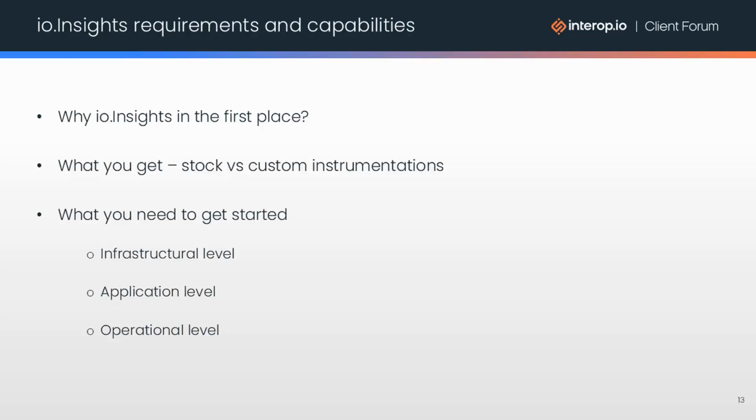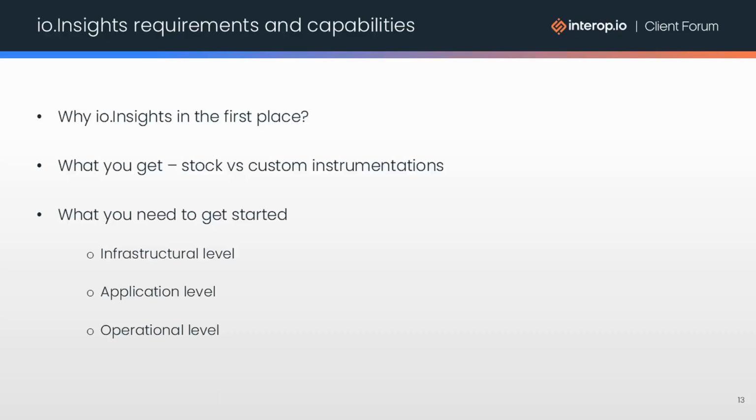This is what is referred to as the stock instrumentations, observability information that you start getting immediately simply by virtue of your applications being run inside the io.Connect platform. Of course, we give you the ability to publish custom observability, which gets integrated seamlessly with what's coming out by default, reuses the same configuration, and all that's required is for you to call the io.Insights APIs.